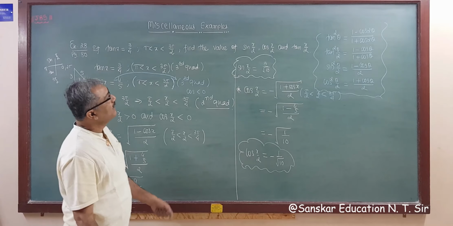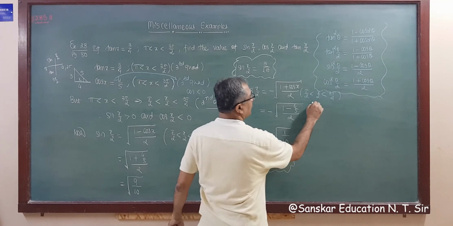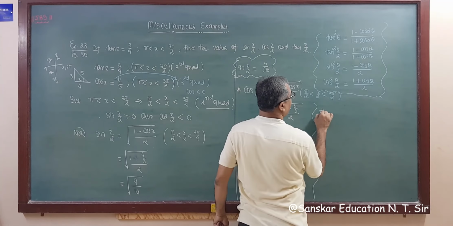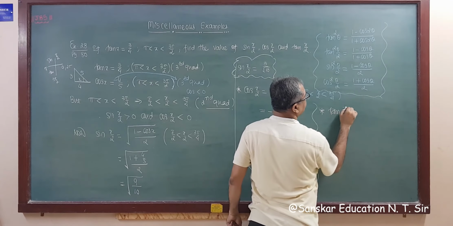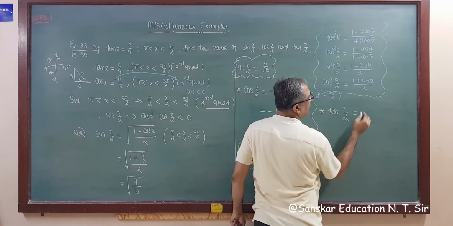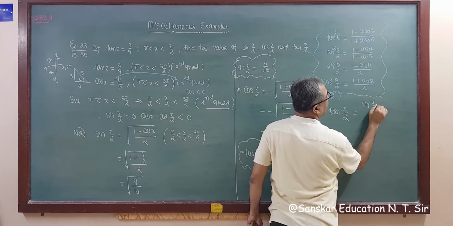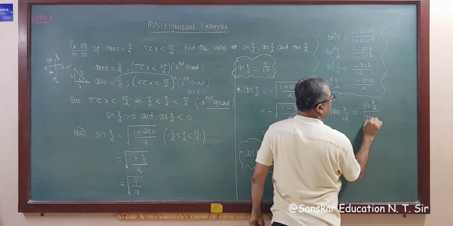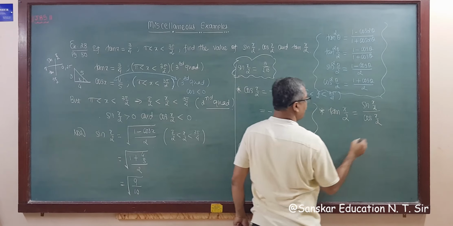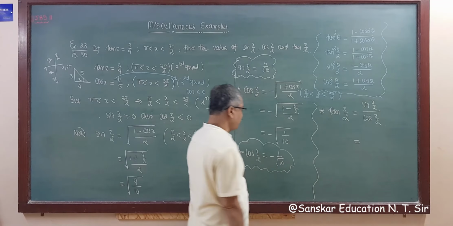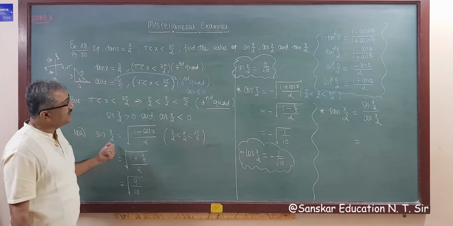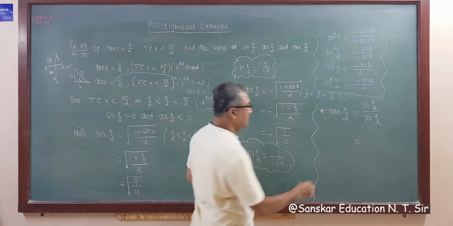And finally, we want tan x by 2. So tan x by 2 is equal to sin x by 2 upon cos x by 2. So the value of sin x by 2 is 3 by root 10.